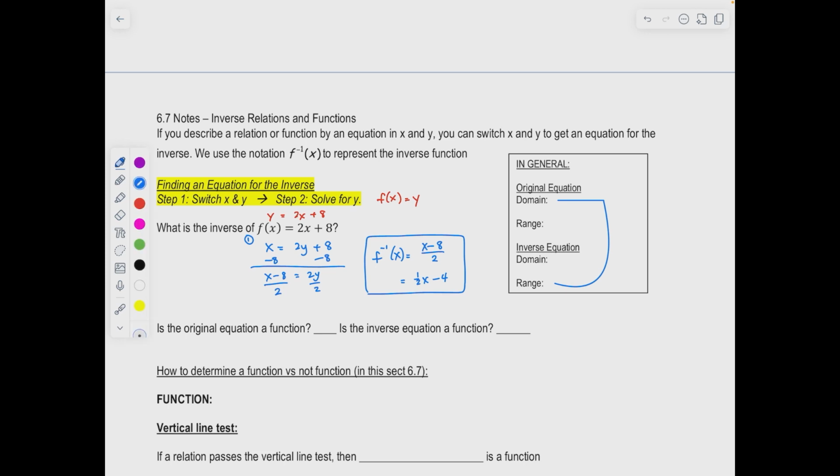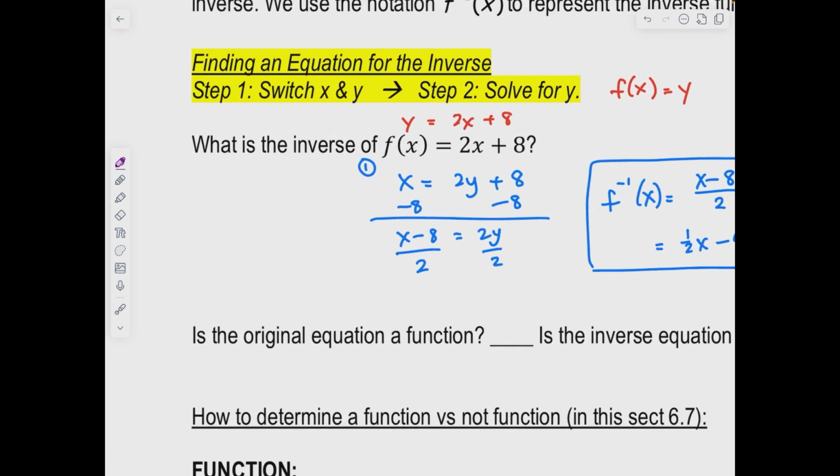And then the range of the original function is going to become the domain of my inverse function.